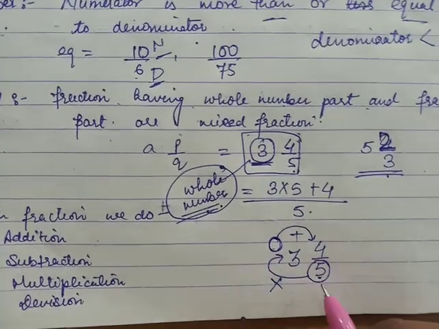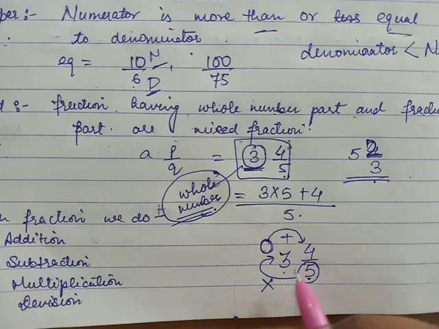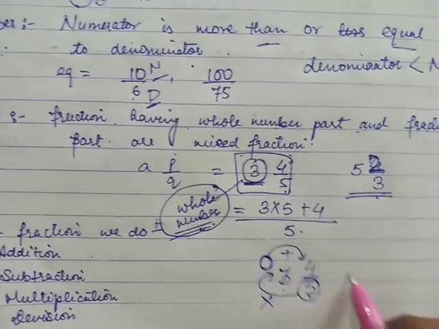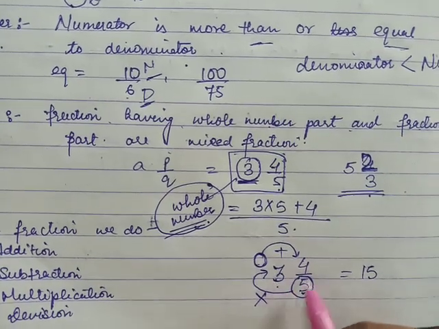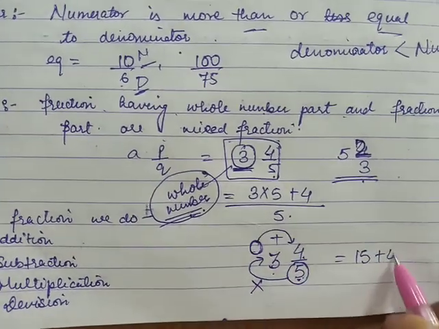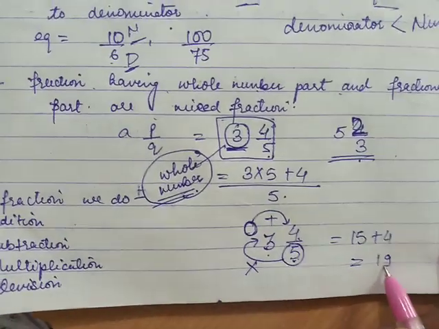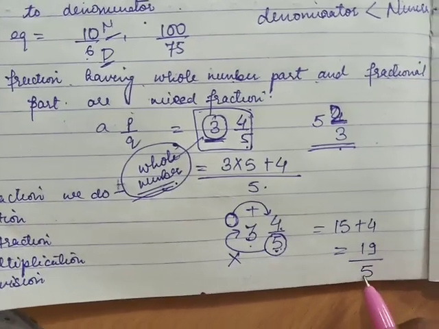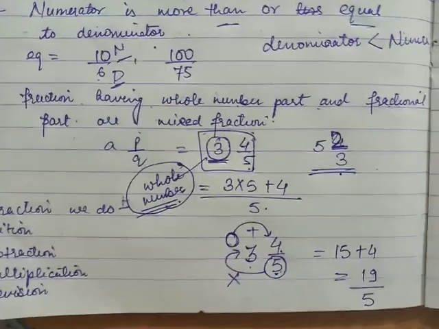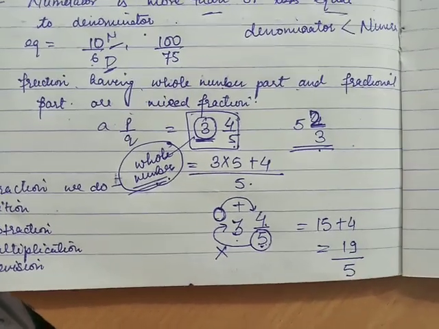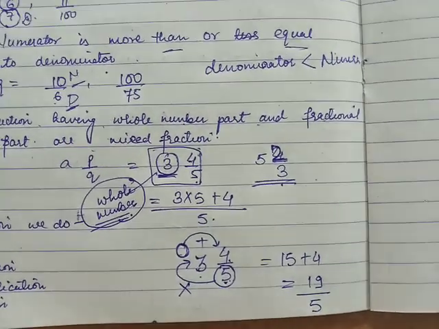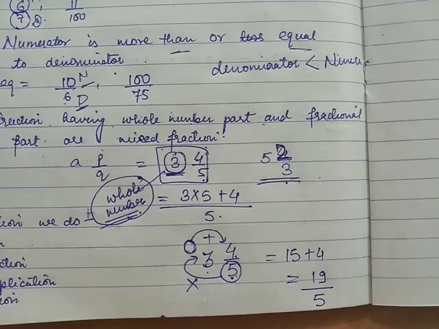So 5 multiplied by 3 is 15, and we add this 15 to 4. That means our value will be 19 upon 5. So we have converted this mixed fraction into an improper fraction.